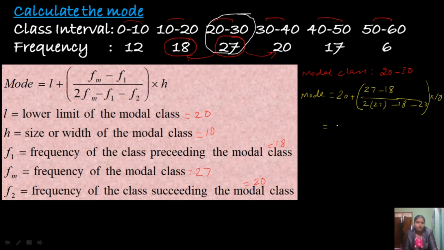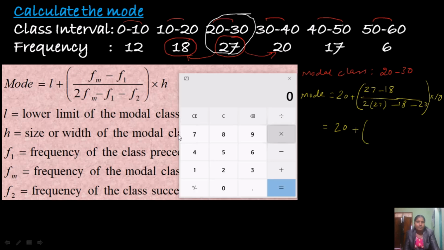So 20 plus 27 minus 18 is 9, over 2 into 27, that is 54, minus 18 minus 20, into 10.